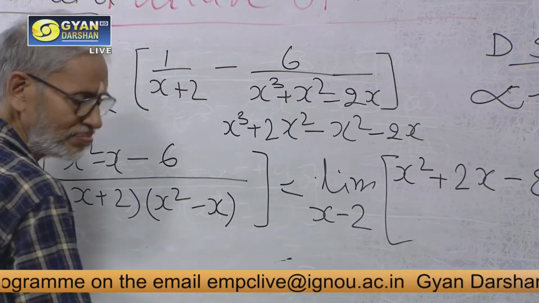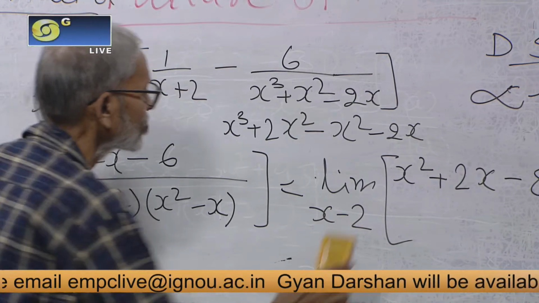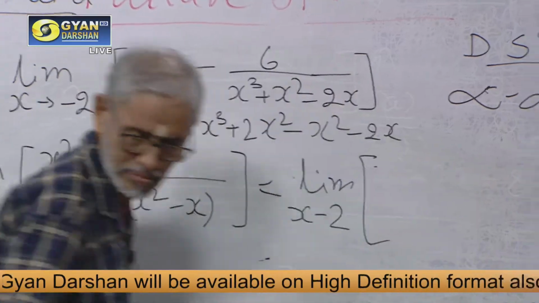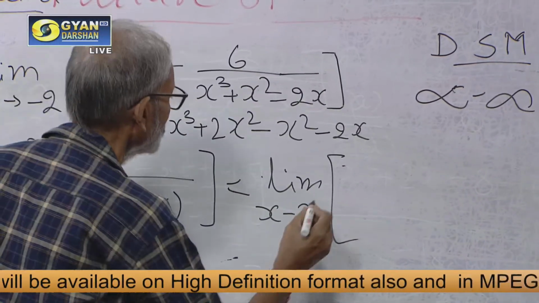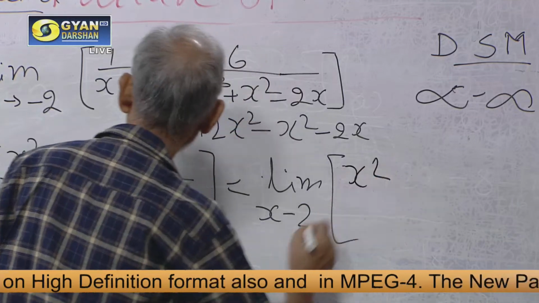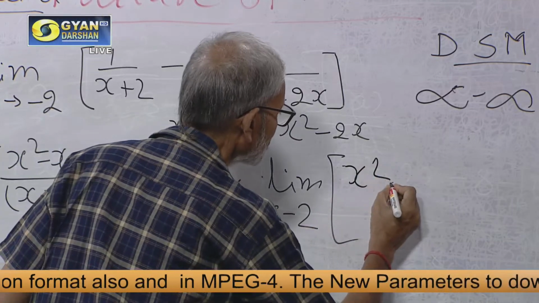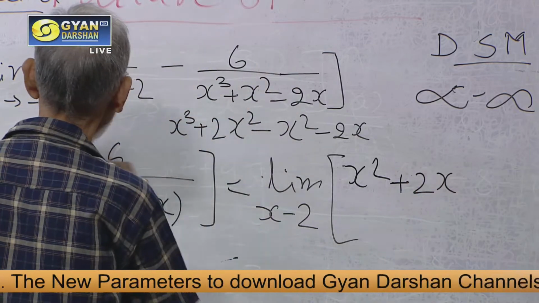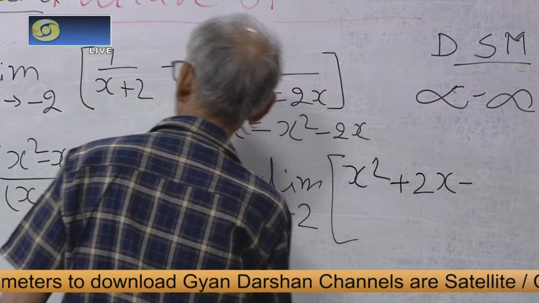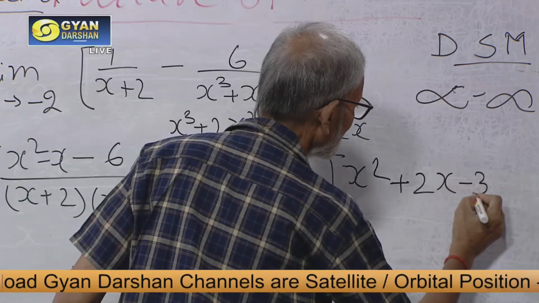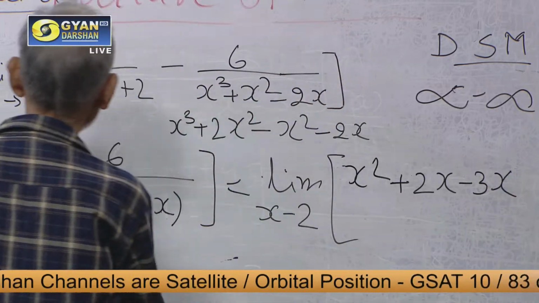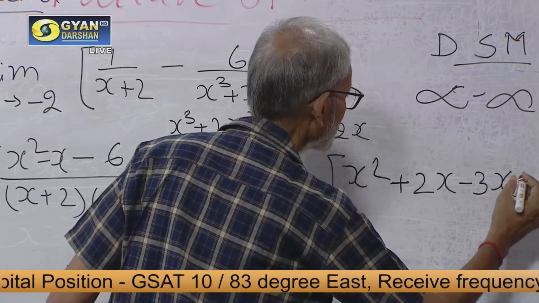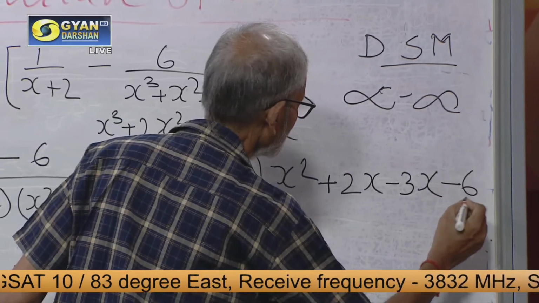Now let us go ahead. So this is x square plus 2x, because x plus 2 we have to take common, and then minus 3x, because x square minus x is there, so it will come minus 6x and minus 6.